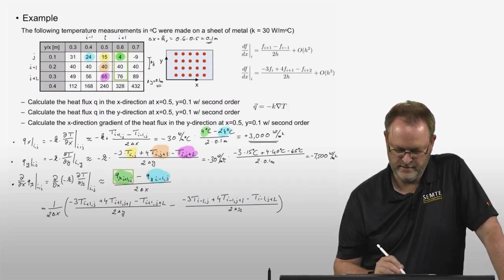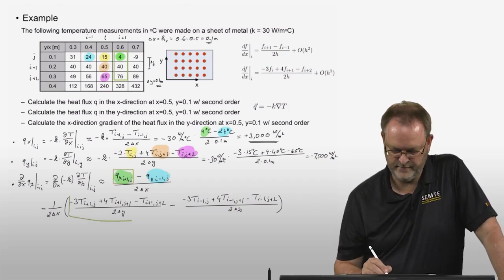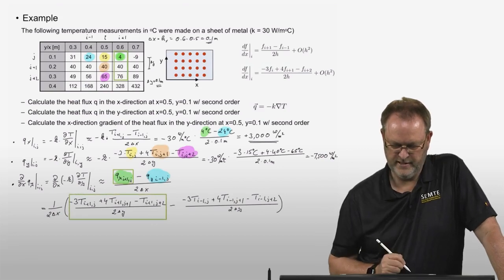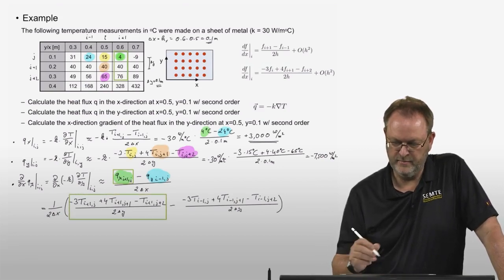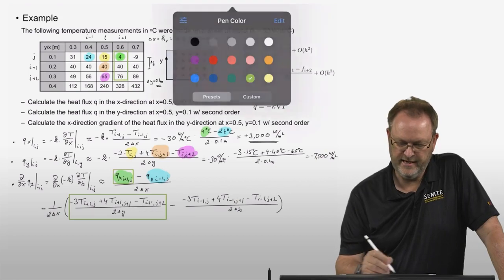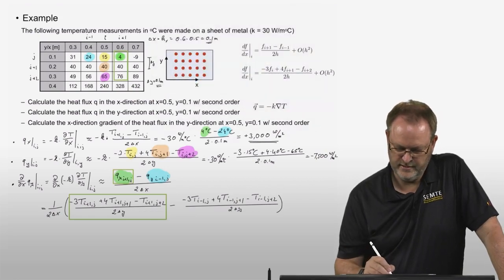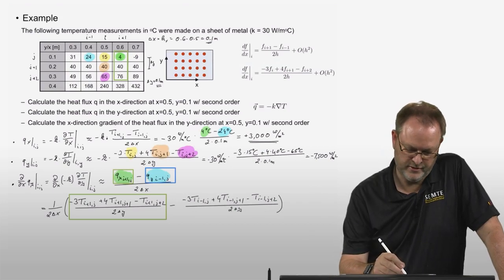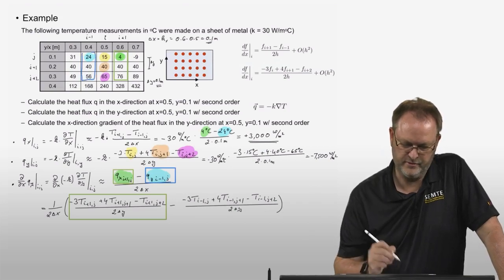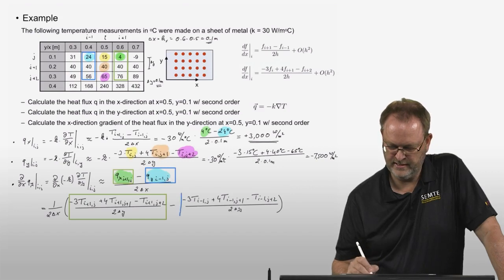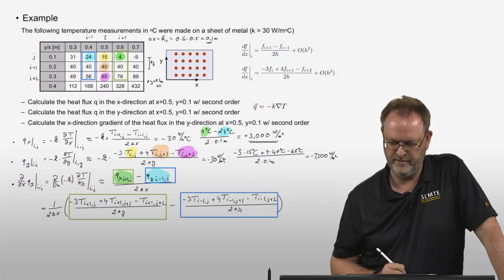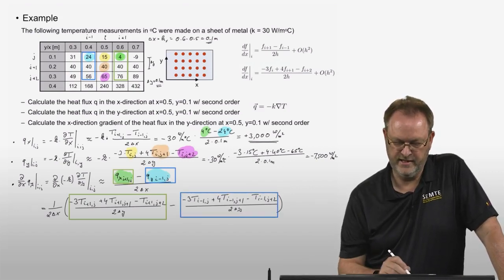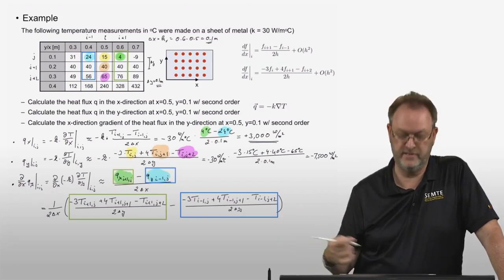That's this entire thing. And then similarly, I have evaluated qy at i minus 1 using these three values here. That is this finite difference formula. And then we've plugged this into the outer derivative, which is the derivative in the x direction where we use second order central.